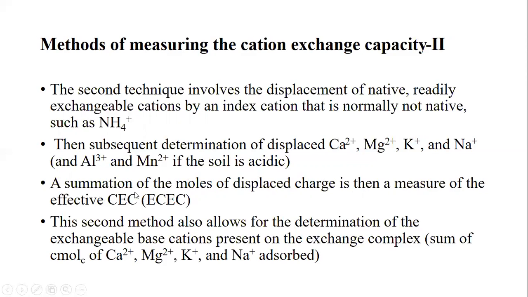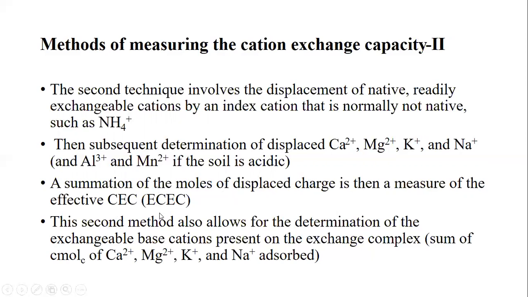A summation of the moles of displaced charge is then a measure of the effective cation exchange capacity. We call it ECEC, effective cation exchange capacity. So we determine each one individually, and then you add all of them in moles of charge together, and that is our effective cation exchange capacity.